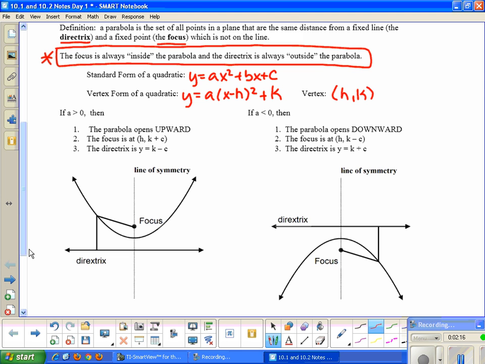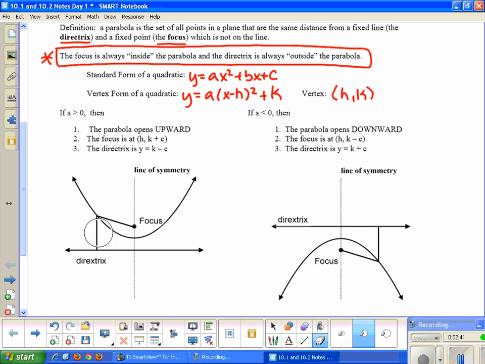And remember, we said that the distance from the focus to any point on your parabola and from that point on the parabola to the directrix will always be the same. So this distance is the same as this distance. And if I moved it to other places, so if I did this point here and then this point down here, this distance should be equal to this distance here. That should always be the case when we're working with these parabolas.